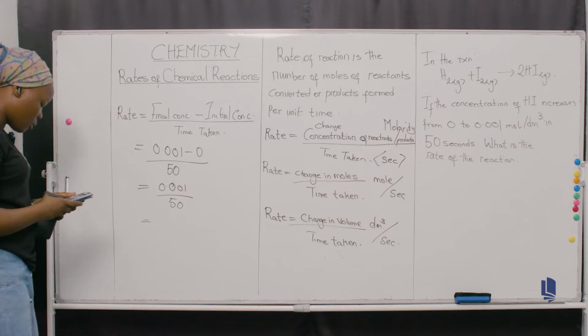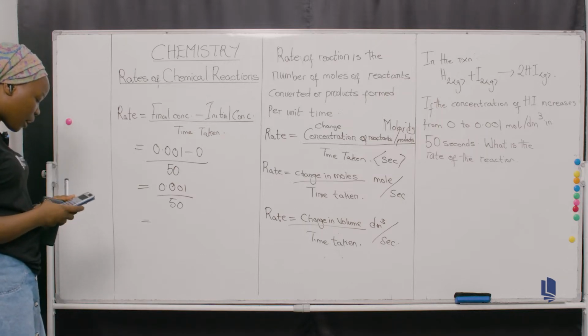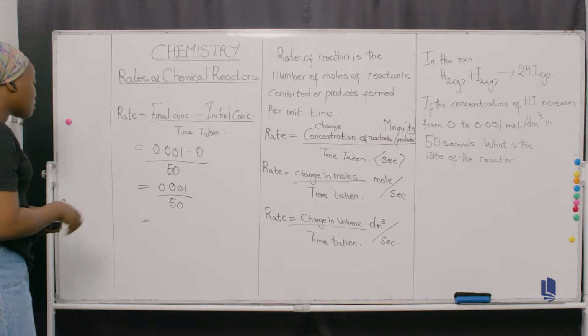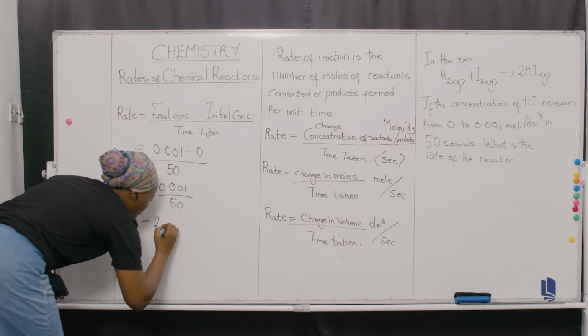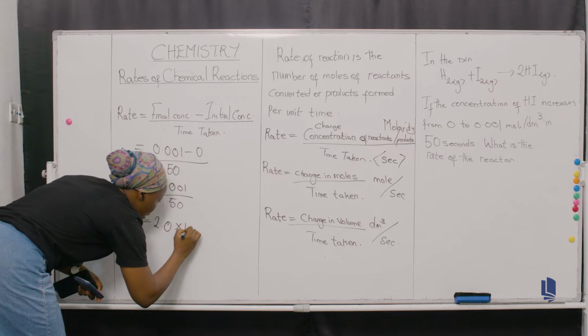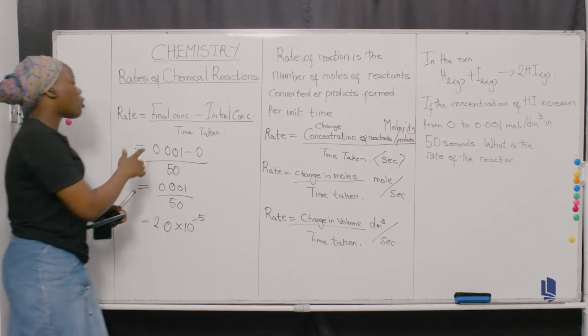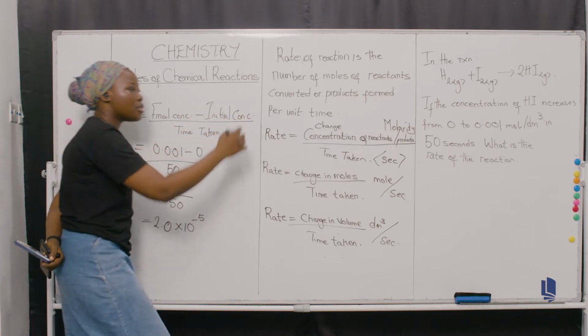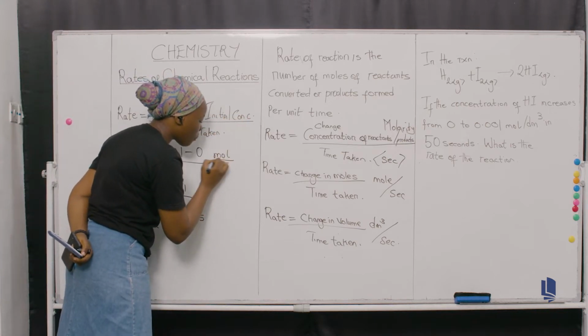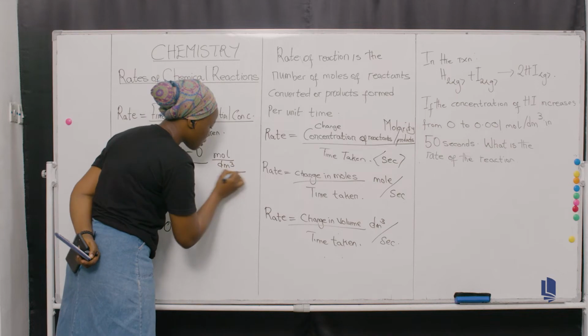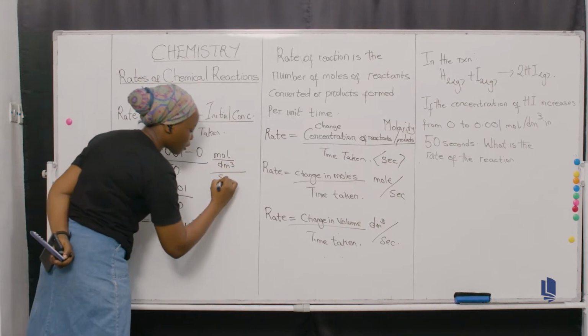All right, so it is 0.001 divided by 50, and that's 2.0 times 10 raised to power minus 5. And the unit would be what? For concentration, the unit is molarity, which is mole per dm cube, right? And time is seconds.